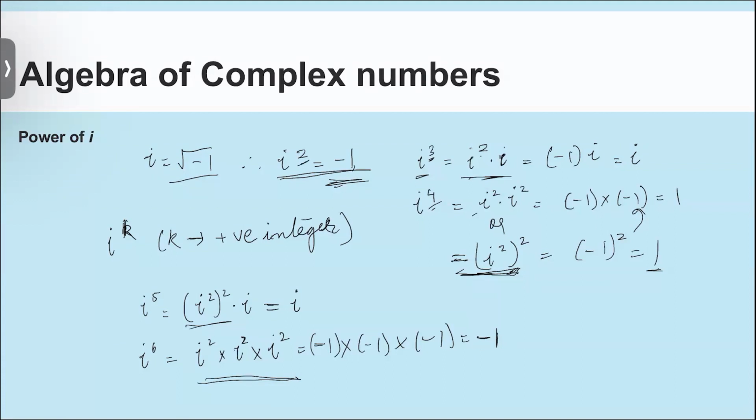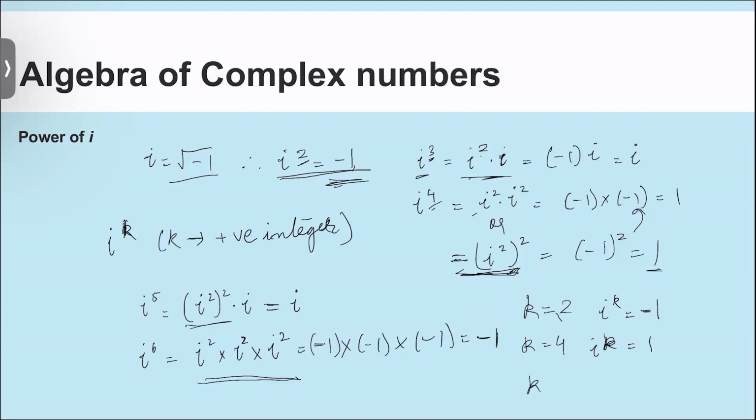If you take any even number, how would it vary? Over here we see that if k is equal to 2, your I raised to k would be -1. If your k is equal to 4, your I raised to k would be 1.